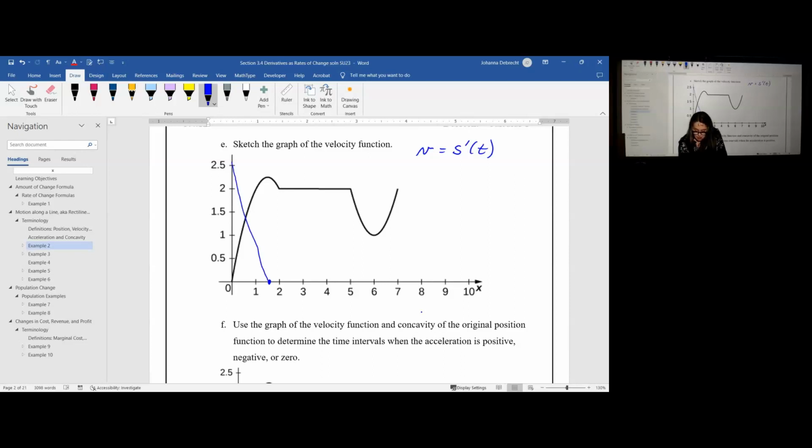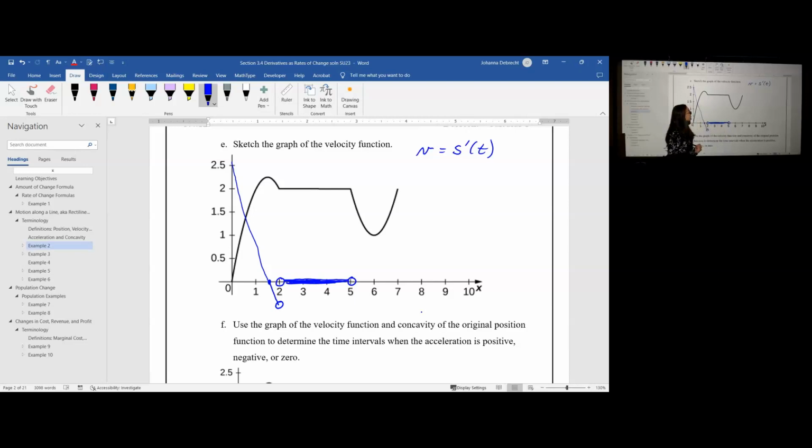Then it becomes a little negative till 2, where it's stopped. But there's a corner here in the graph, which means the derivative does not exist, so I make it an empty hole. Then I have a section between 2 and 5 where the vehicle is stopped, so the graph of the velocity function is going to be on the t-axis, a horizontal segment on the t-axis.